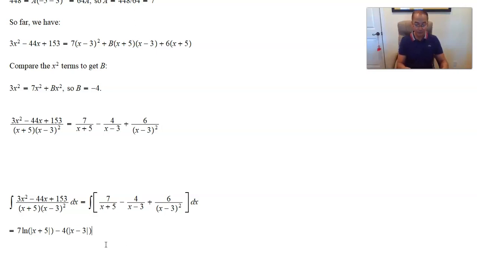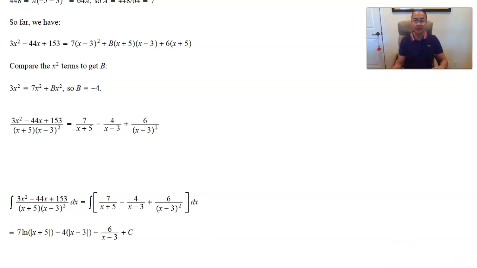So it's going to be minus 6 over u, but u is x minus 3. So it'll be minus 6 over x minus 3 rather. So we just erase the squared.